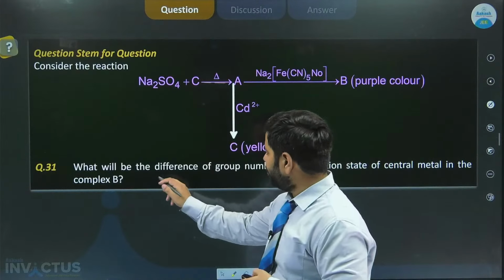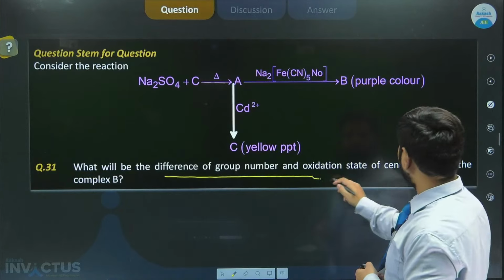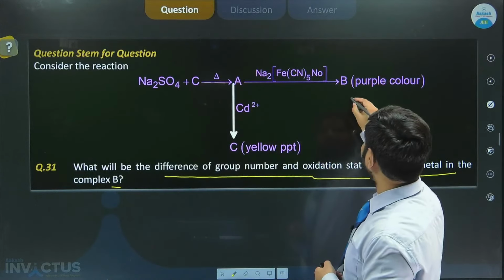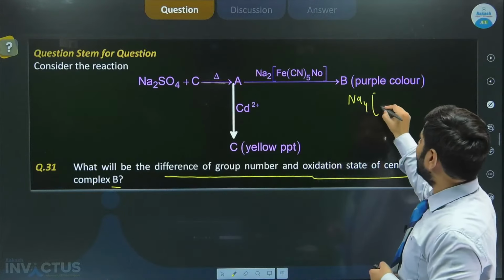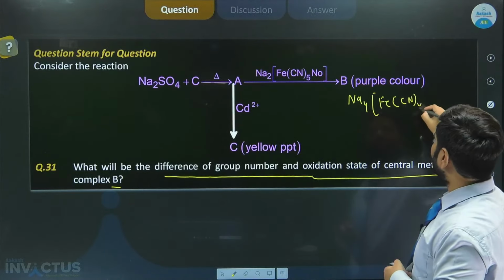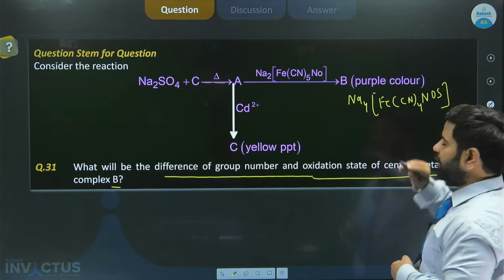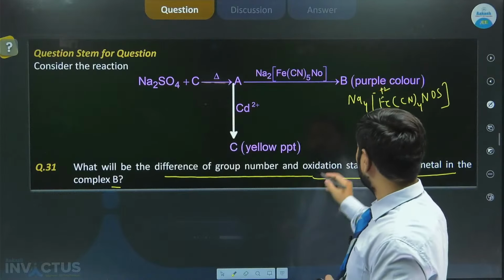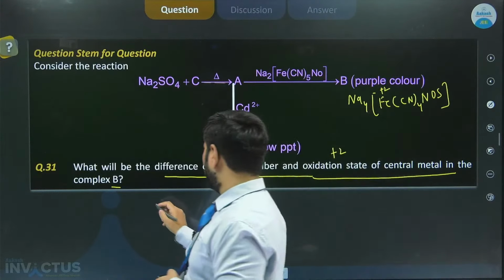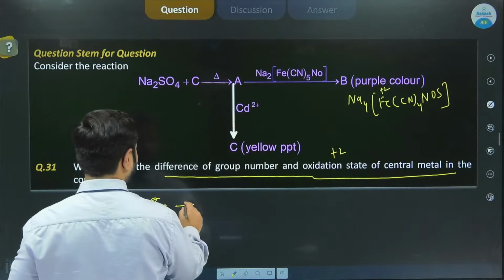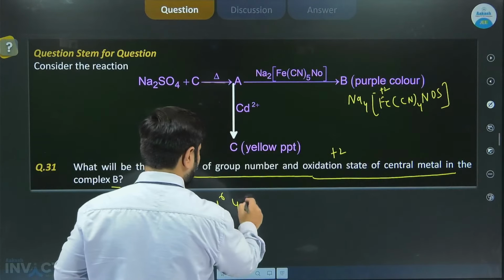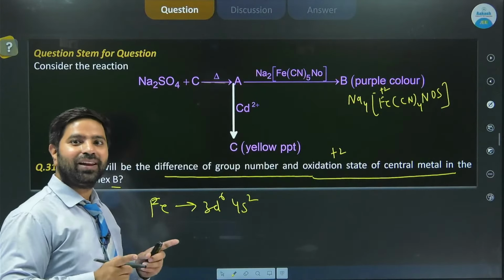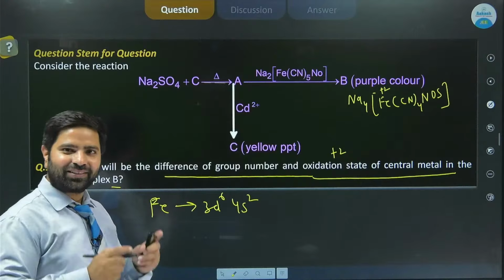For this question stem, find the difference of the group number and the oxidation state of the central atom in complex B. What was complex B? Na4[Fe(CN)4NOS]. Okay, understood? Now, what is the oxidation state? The oxidation state is plus 2. And what is the group number? We know that iron has the configuration 3d6 4s2. The group of iron, not Fe2 plus, because in the periodic table elements are present in their neutral state.